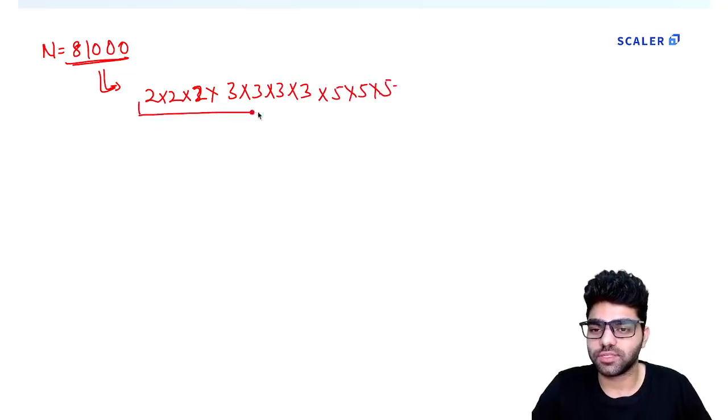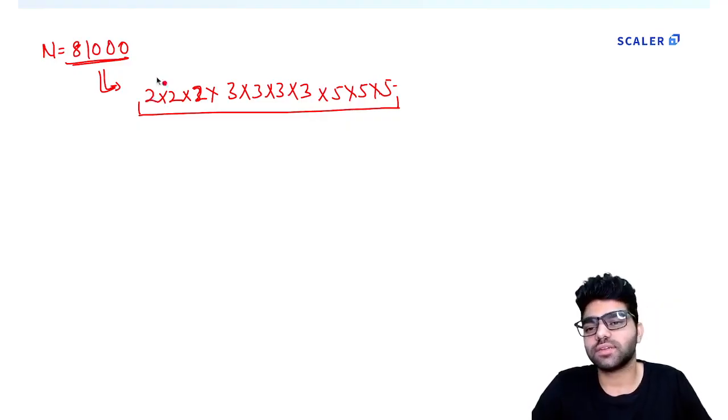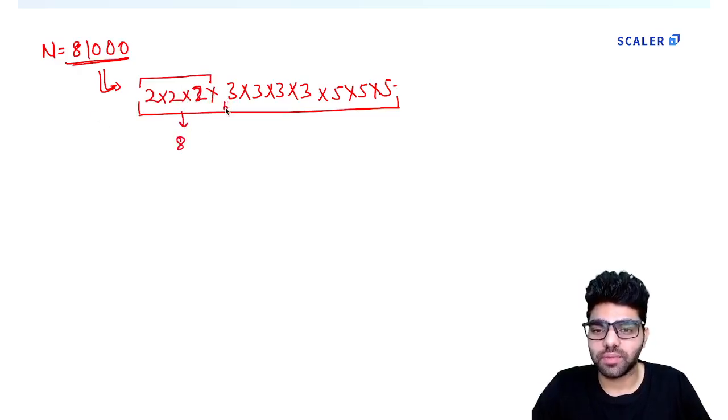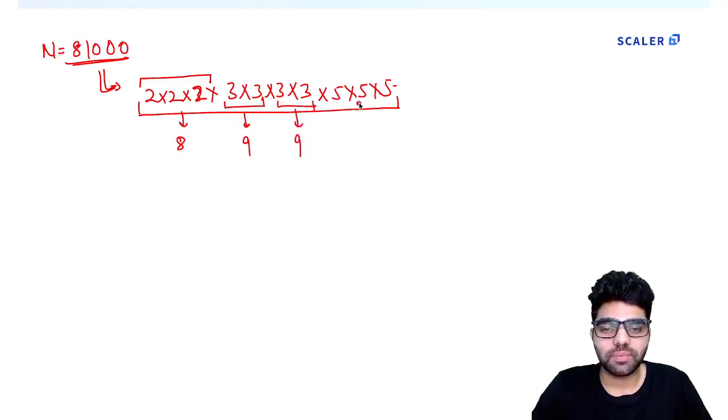Now what is the smallest possible number that you can make out of it? It should have the least number of digits. That means we can combine certain factors. So I'm going to combine these three: 2 into 2 into 2 is going to be 8. I can combine these two, it is going to be 9. I can combine these two, it is going to be 9. And we cannot combine 5 with any other factor.